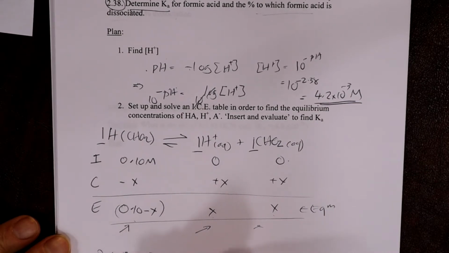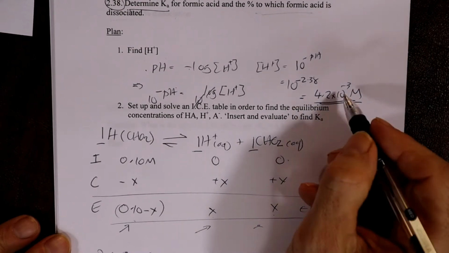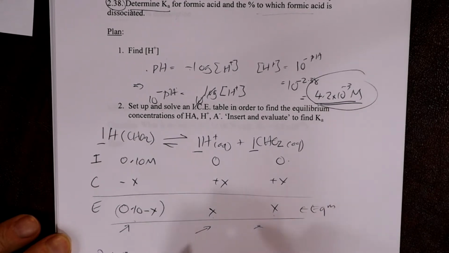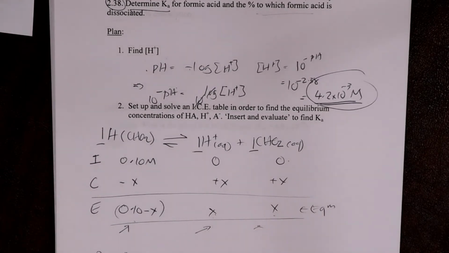Concentration of H plus equals x. Aha! That's our number from before, 4.12 times 10 to the minus 3 molar. And because it's equimolar, 1 to 1, CHO2 minus is x, which is the same number.